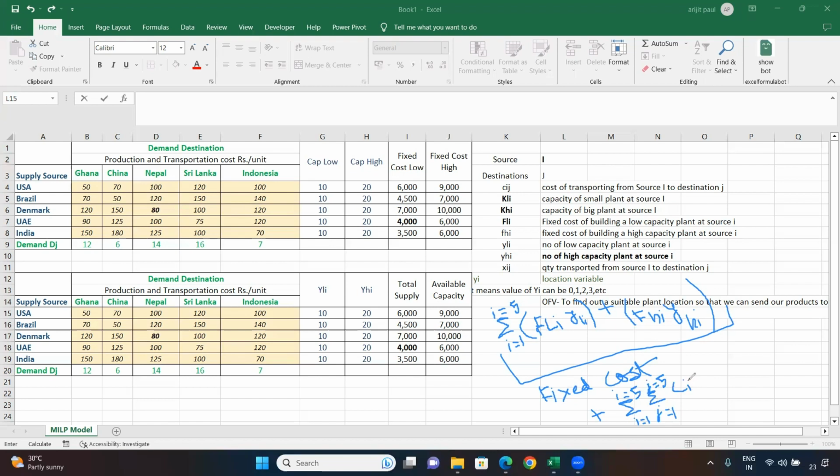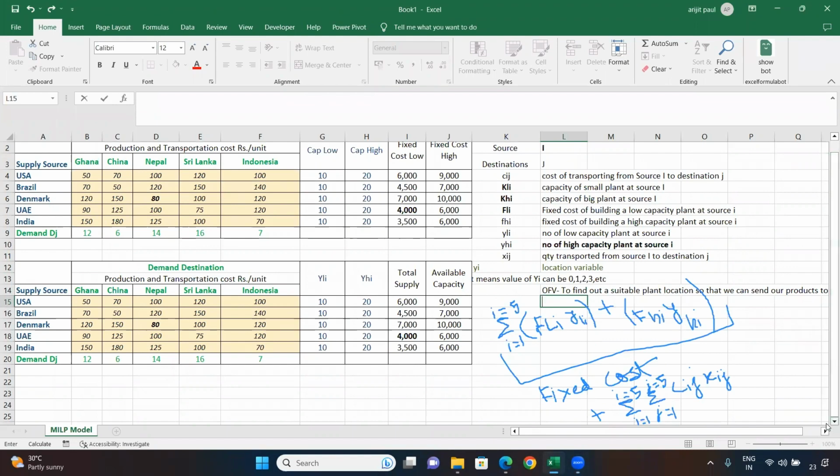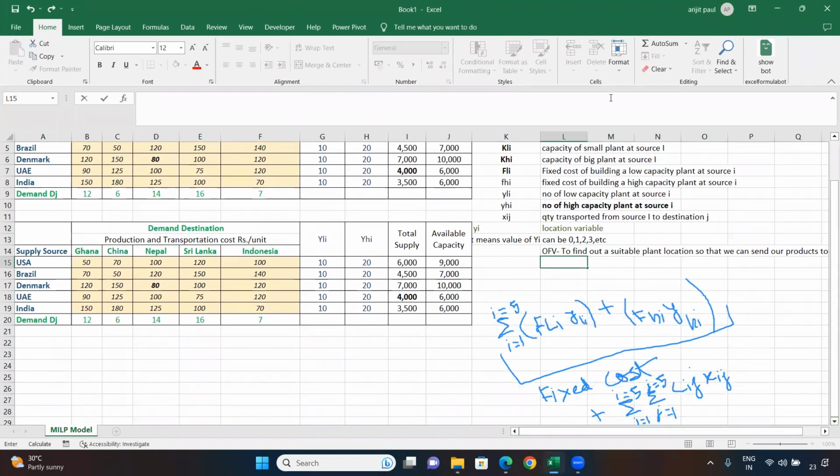What is Cij? The cost of transporting the material from source I to destination J, and Xij. What is Xij? The quantity that we are going to transport from source I to destination J. So this part becomes the variable cost.